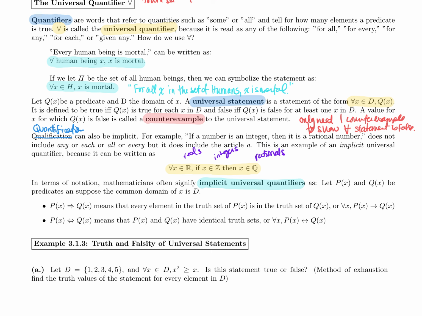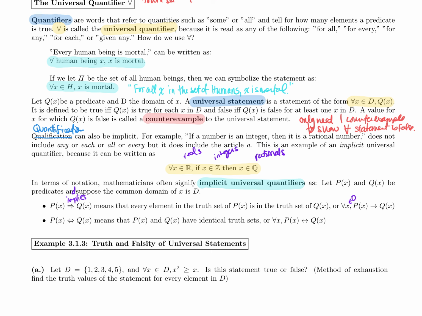Let P of x and Q of x be predicates and suppose they have a common domain of D. We're going to say P of x arrow Q of x, and that means P of x implies Q of x, which means that every element in the truth set of P of x is in the truth set of Q of x. Or for all x in domain D, that common domain D, if P of x, then Q of x.